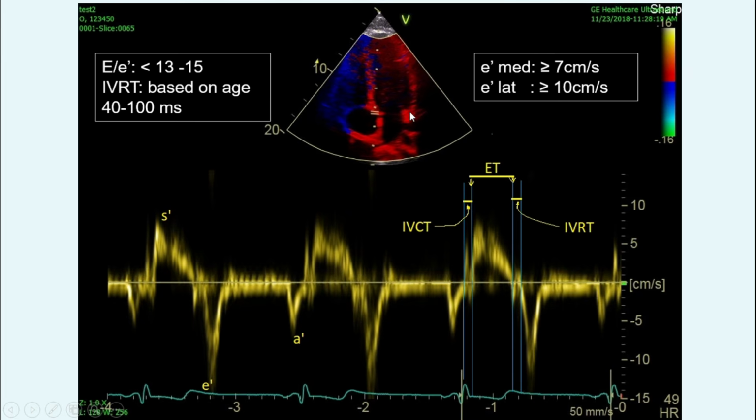In other words, we measure medial E prime and lateral E prime. If we use only medial, the normal ratio will be less than 13. If we use only lateral tissue Doppler of the mitral annulus, the normal ratio cutoff will be 14.